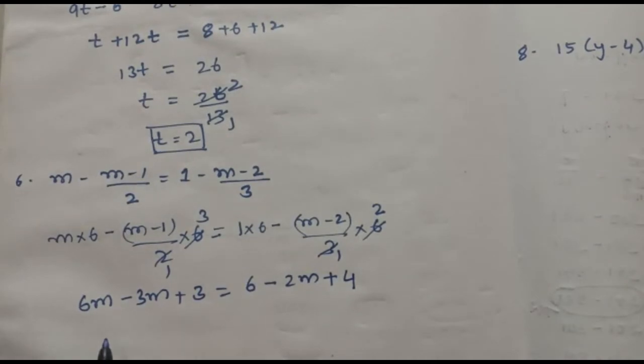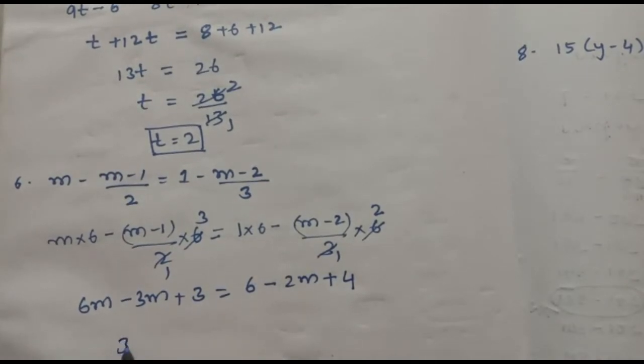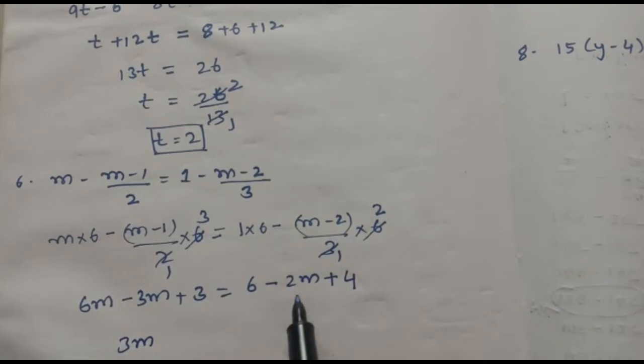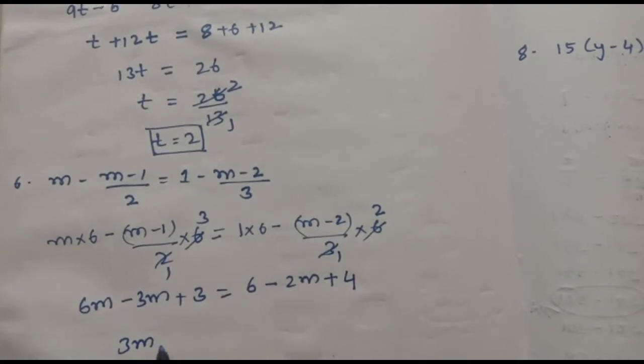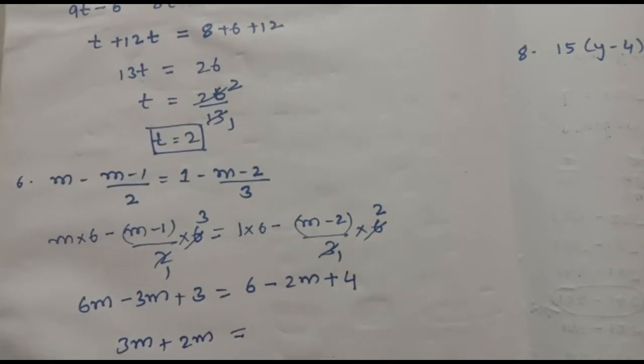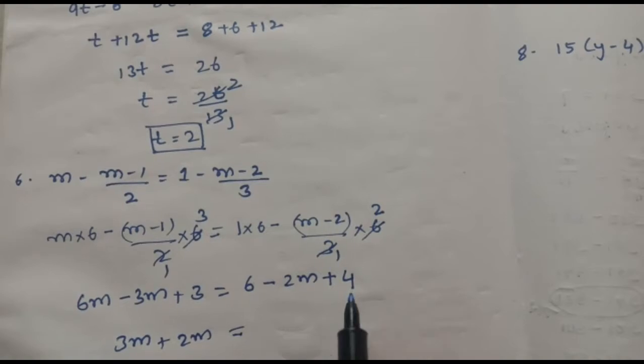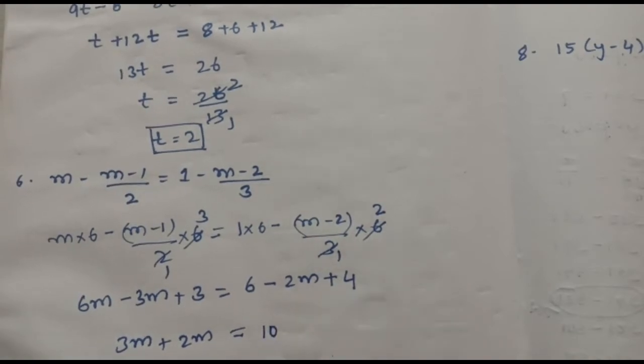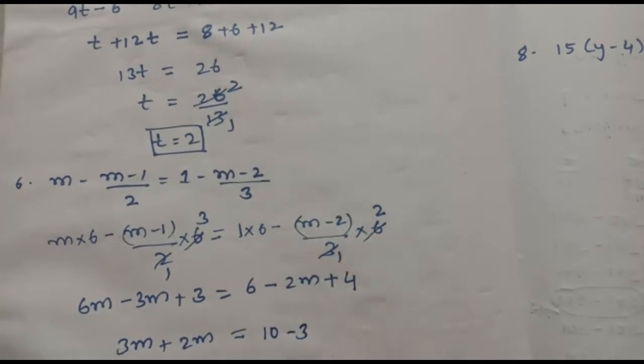Now 6m minus 3m is 3m. Transfer minus 3m to left hand side, it will be plus 2m is equal to 6 plus 4 is 10. Transfer plus 3 to right hand side, it will be minus 3.